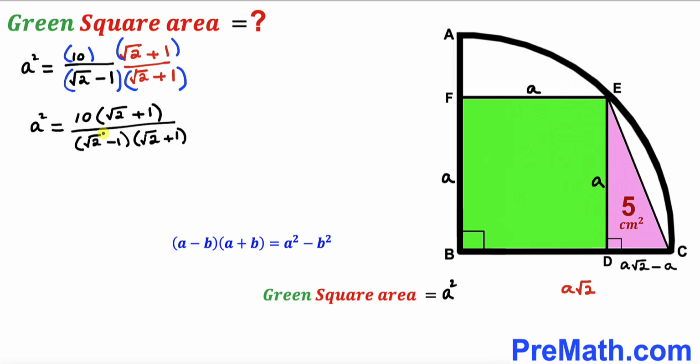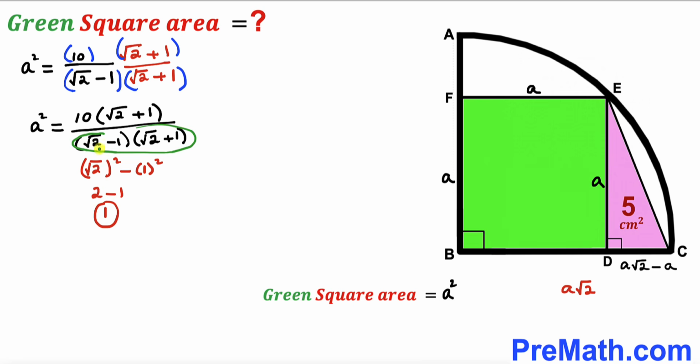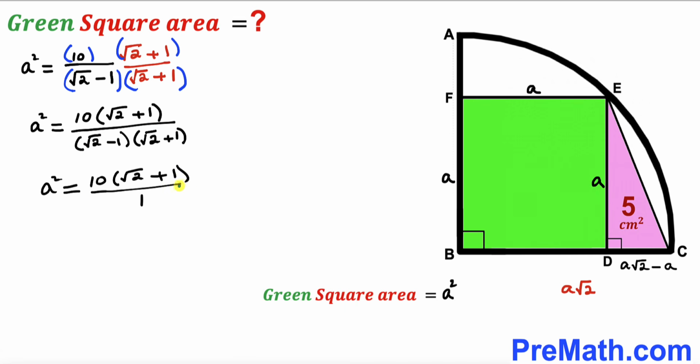And we are going to apply this identity on this denominator part. So therefore this denominator could be written as the square root of 2 whole square minus 1 square. So therefore that's going to give us 2 minus 1 equals 1. So thus this denominator part has been simplified to 1, as you can see in this next step. So thus we ended up with a square equals 10 times square root of 2 plus 1.